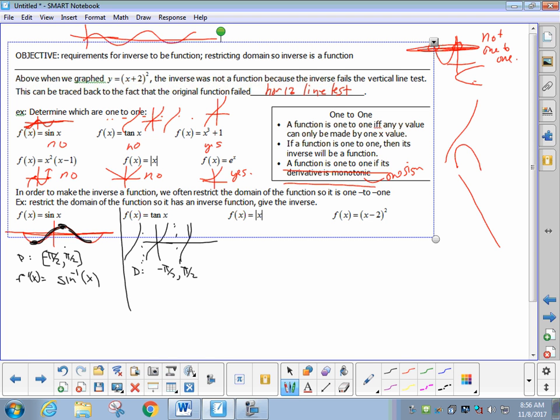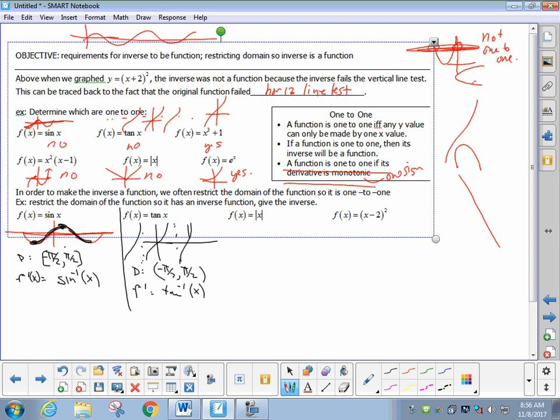And what about parentheses or brackets? Parentheses, because we have asymptotes at pi over 2 and negative pi over 2, so brackets would be silly. The inverse then would be arctangent. By the way, I'll use those interchangeably. That is the same as arctangent. You'll see one, both. It's the same. Okay?